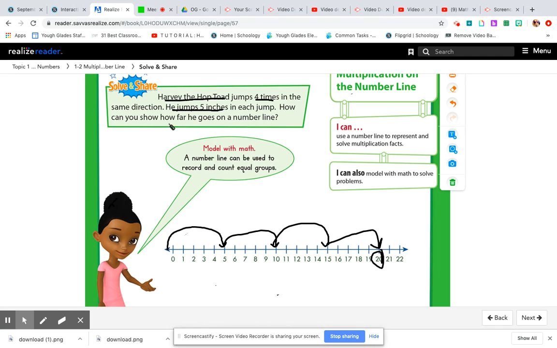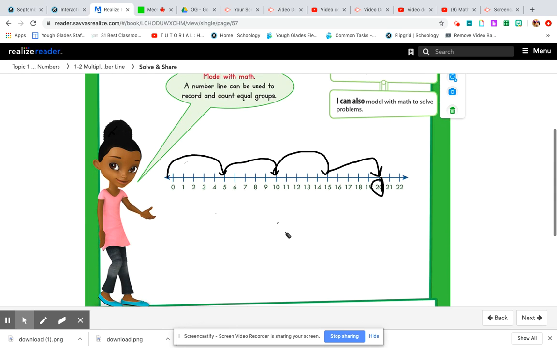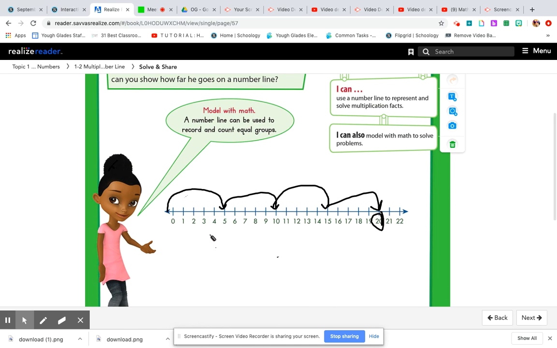How can you show how far he goes on a number line? Well, he jumped 20 inches. Now, I'm going to record this as a repeated addition sentence. So I know I had 4 groups of 5, so I'm going to show that. I'm going to write 4 groups of 5 in a repeated addition equation right here. Here's 3 groups of 5.